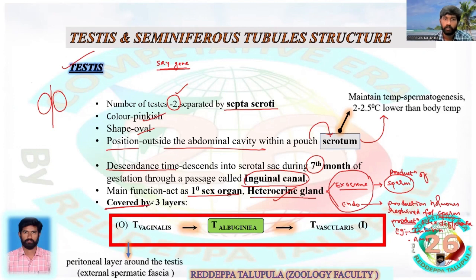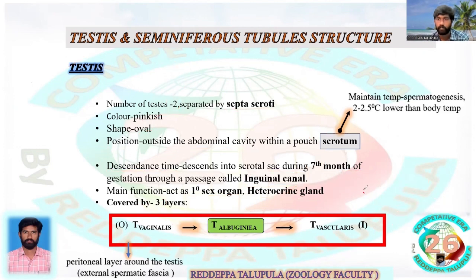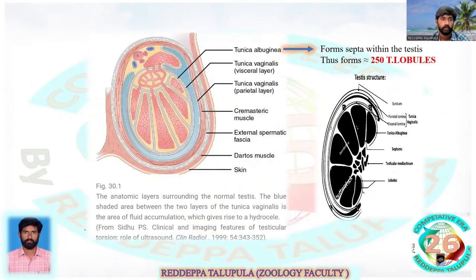If you talk about the covering, there are 3 layers. Already I discussed all these things. Tunica vaginalis, tunica albuginea, tunica vascularis, and tunica albuginea is the most important one because it causes these separations in the testes. Okay. Now, see, this is the structure of the testes from outer to inside.